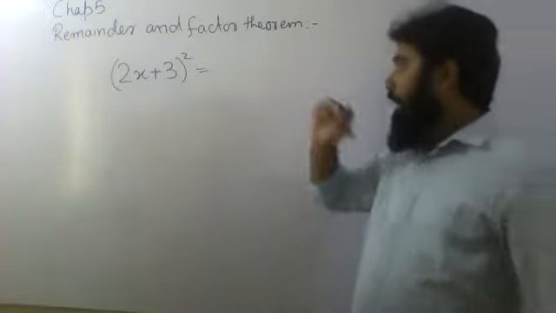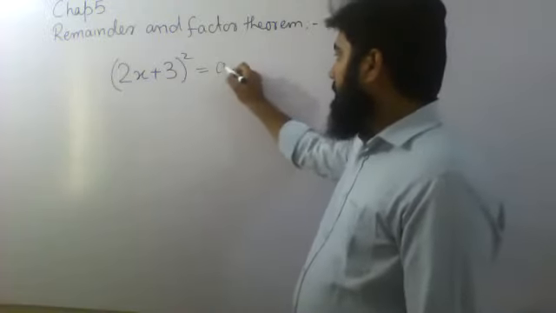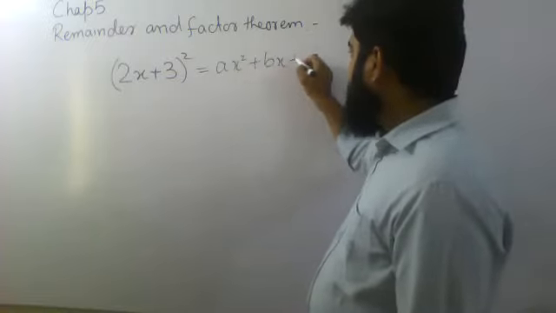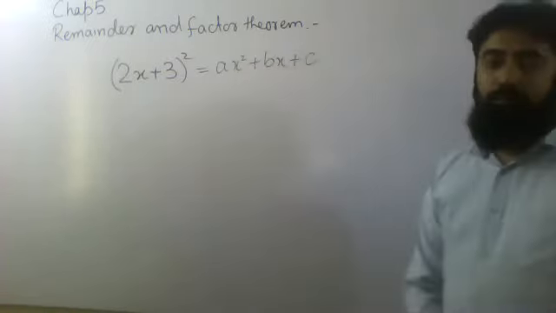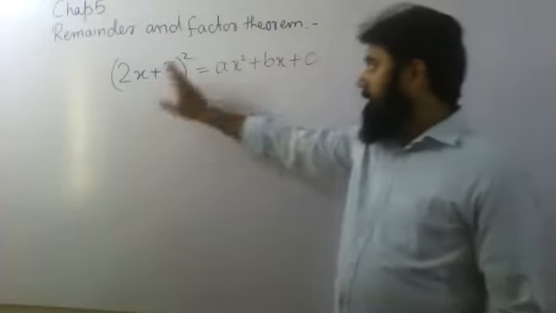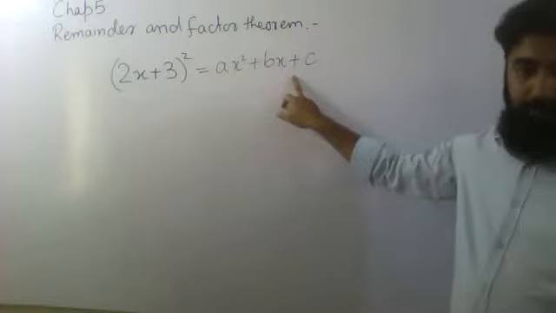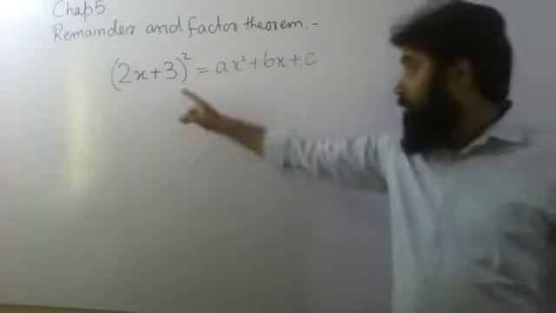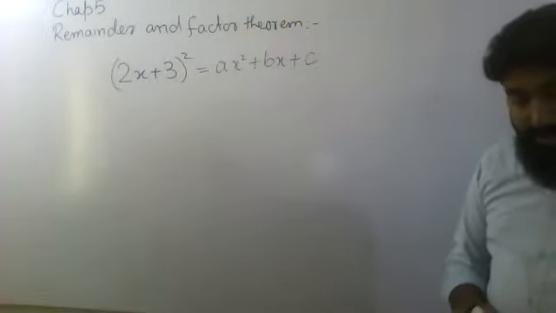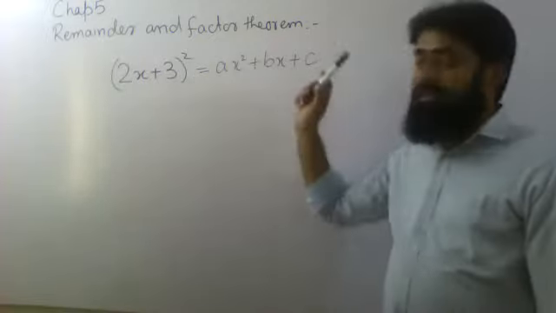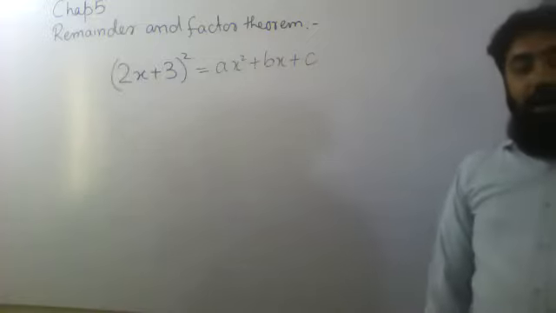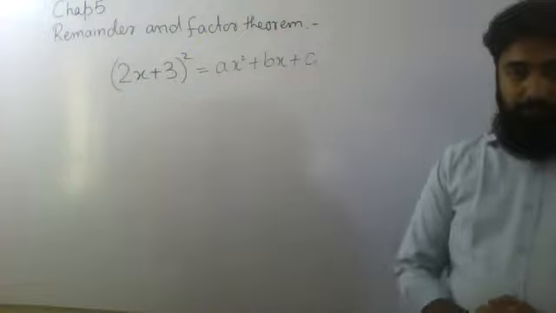So I'm saying ax square plus bx plus c. This I have written. I'm saying this one equals this thing. But I don't know the value of a, b, c. They are saying that this thing and this thing are equal, and they are saying find the value of a, b, c.